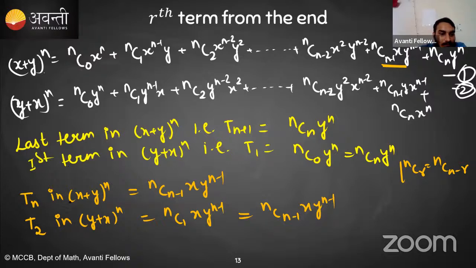The third last term in the expansion of (x + y)^n is nothing but the third term. Yes or no? Are you seeing some similarity, some pattern here? Is that clear?